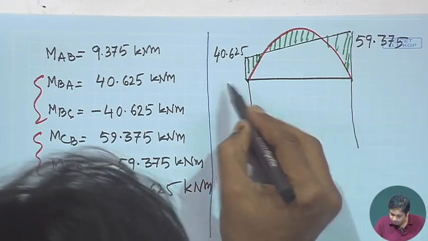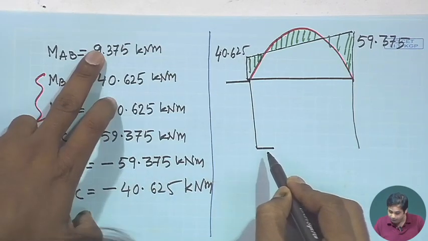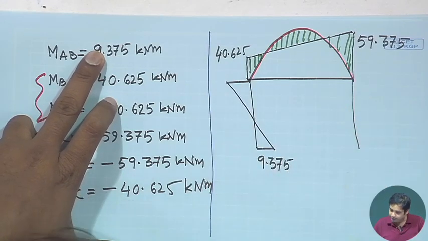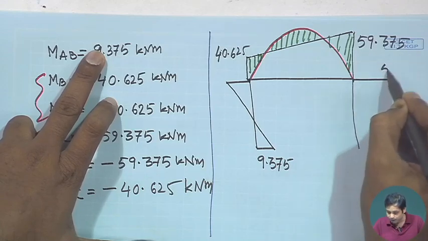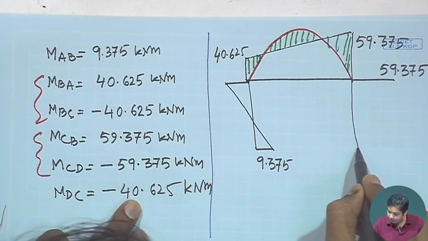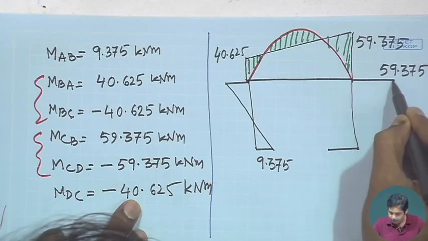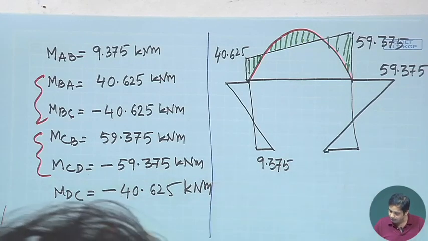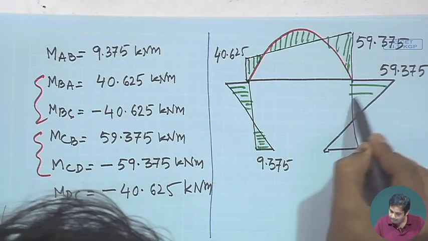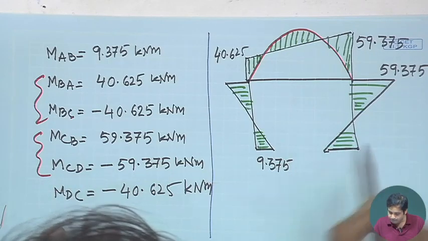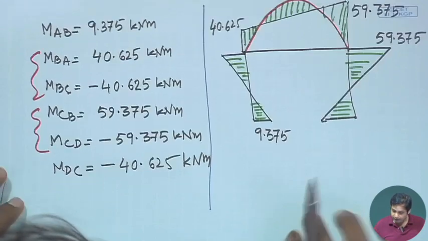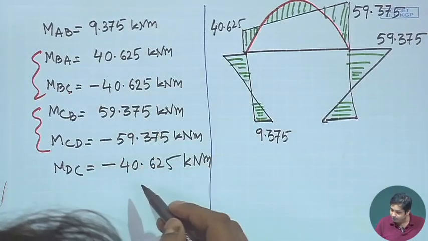Again it is 40.625, and this value is 9.375, and again here it is 59.375, and this value is MDC 40.625, this is 40.625, and finally the bending moment becomes this. Please check these values.